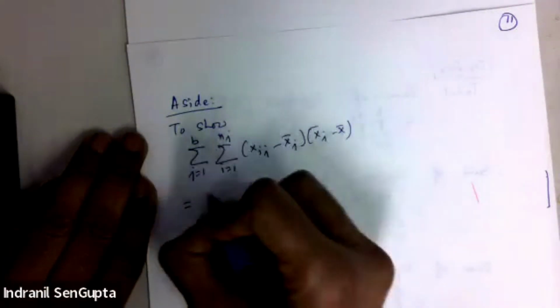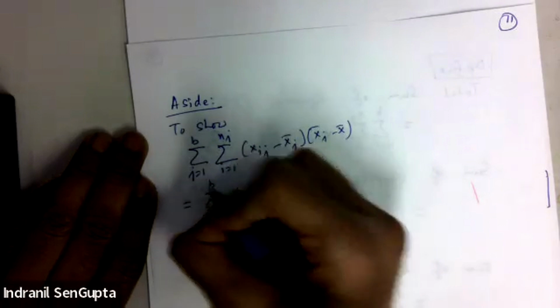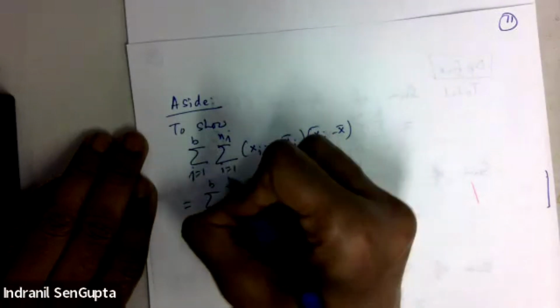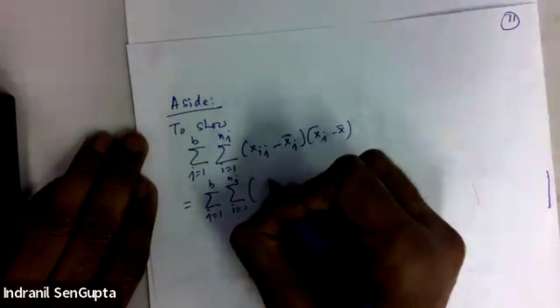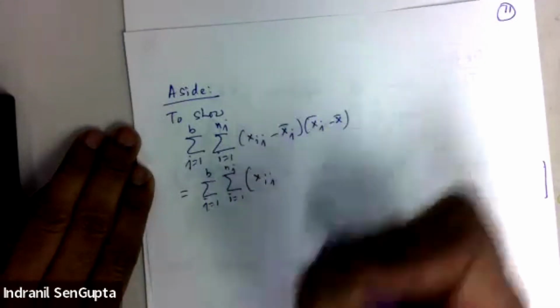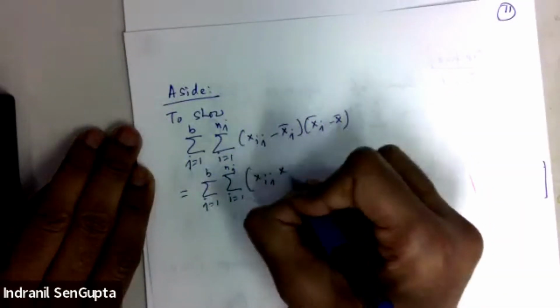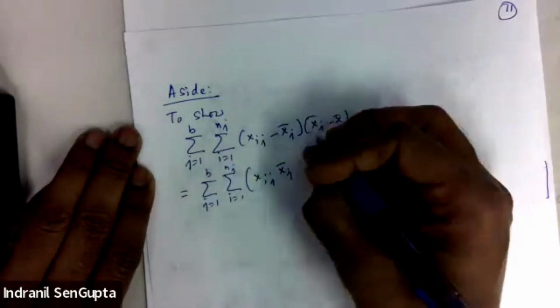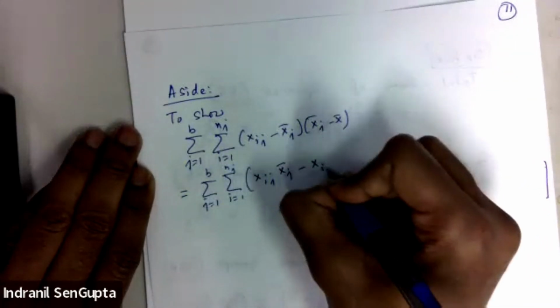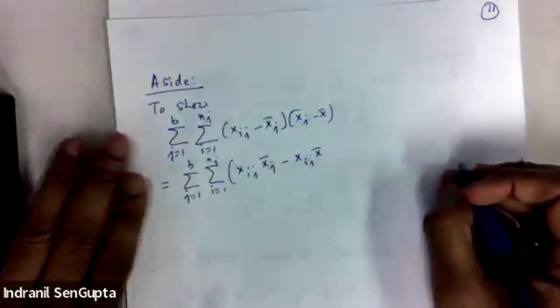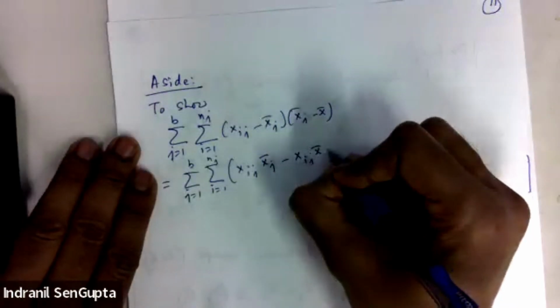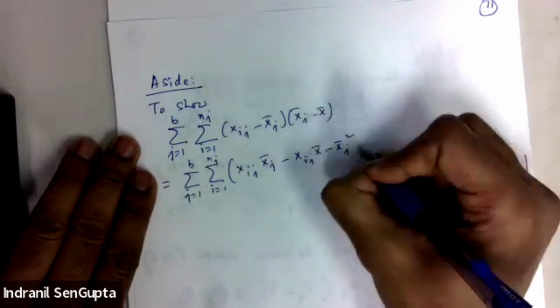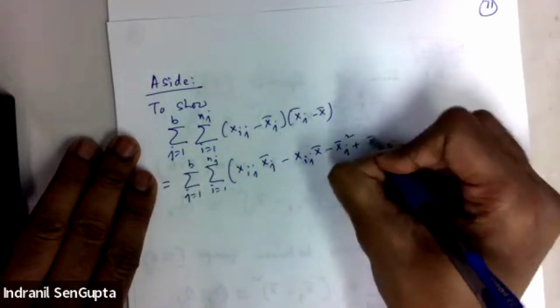Let's FOIL it out. So it's going to be the sum over j from 1 to b, i from 1 to n sub j. The first term is xij xj bar, minus xij x bar, minus xj bar squared, plus xj bar x bar.